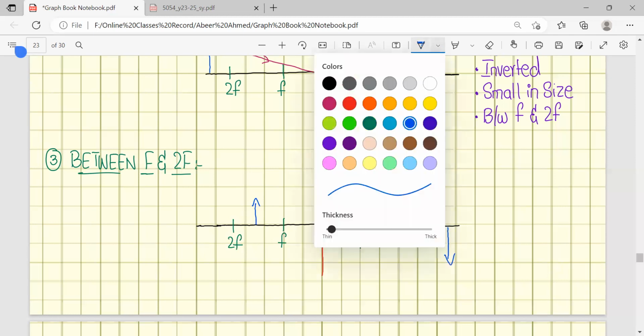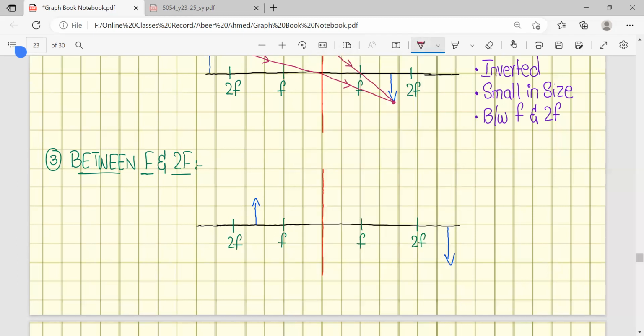And if you want to draw the ray diagram, there is a straight light ray passing through the lens, and the other one is going from the optical center of the lens, right? Yes.